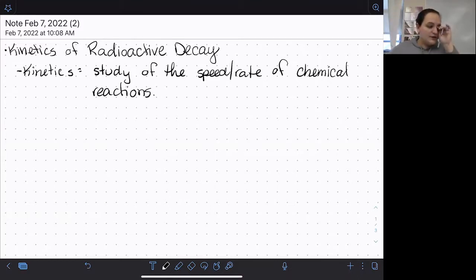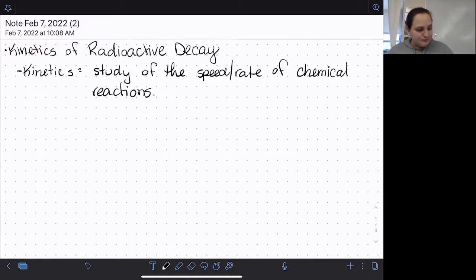So kinetics is just investigating how fast reactions happen and what factors affect that. So kinetics of radioactive decay is just how fast these types of reactions are happening, is what we're looking at.